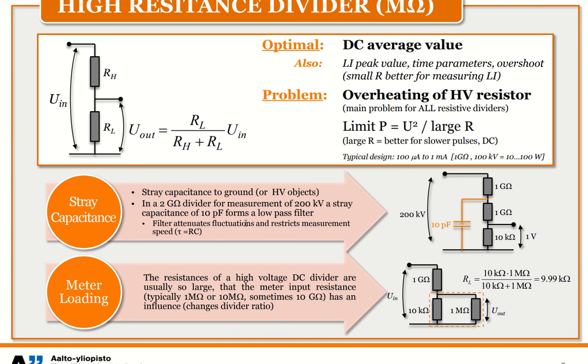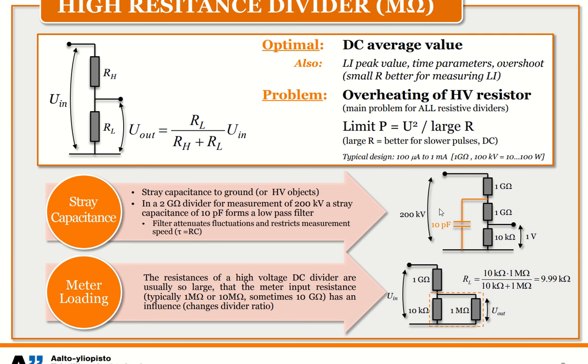And then the meter loading: the resistance of a high voltage DC divider is usually so large that the meter input resistance, typically 1 mega ohm or 10 mega ohm, has an influence and changes the divider ratio.